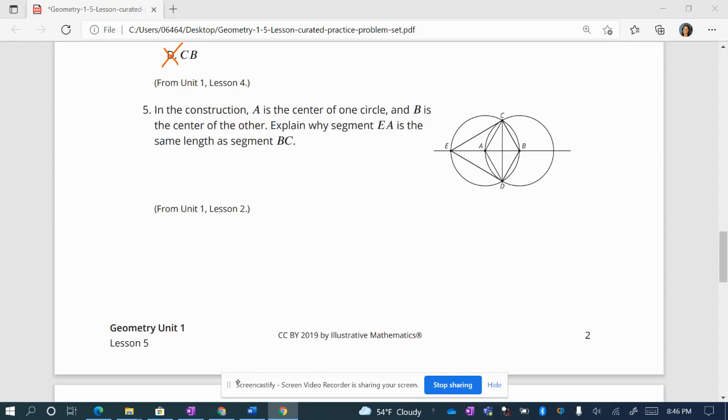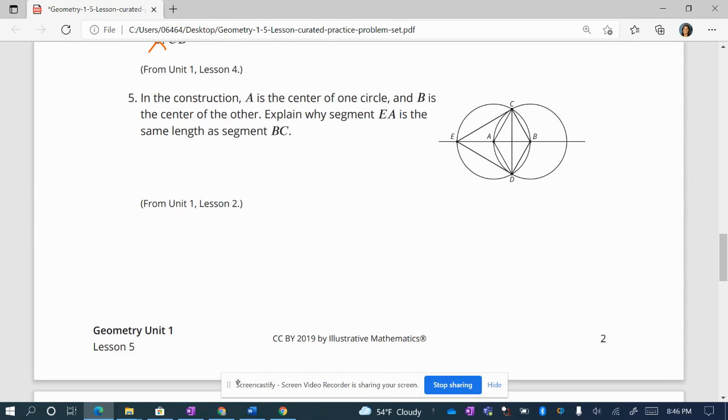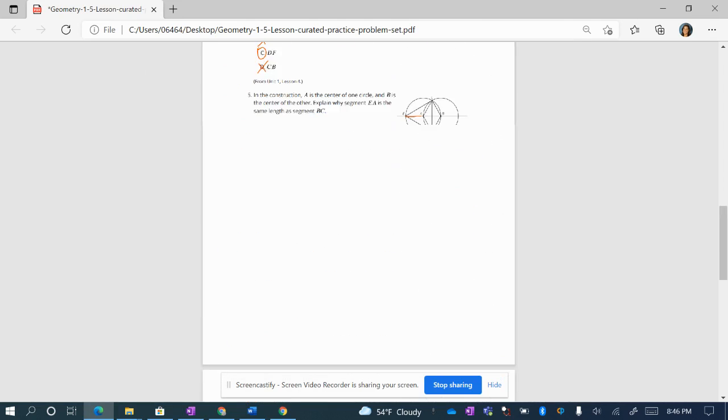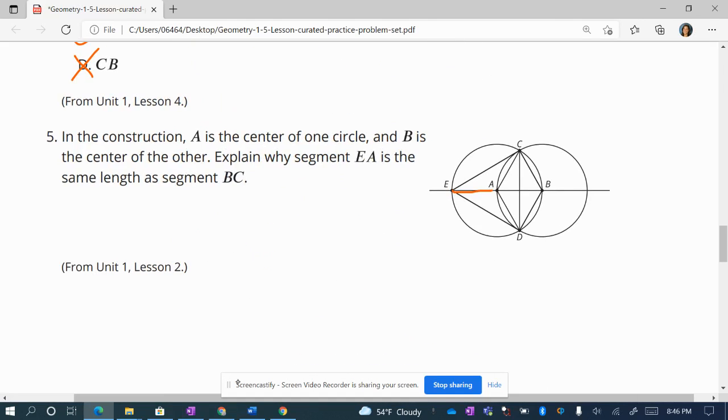Okay. Number 5. In this construction, A is the center of one circle and B is the center of the other circle. Explain why segment EA is the same as BC. We went over this earlier. It's just a little bit different picture. EA and BC are both radii, although of different circles.